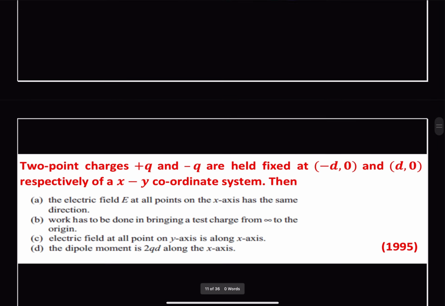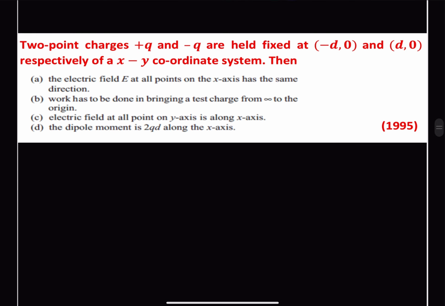Next question, and it was asked in the year 1995, and it states that 2 point charges plus q and minus q are held fixed at minus d, 0 and d, 0 respectively in an xy coordinate system.